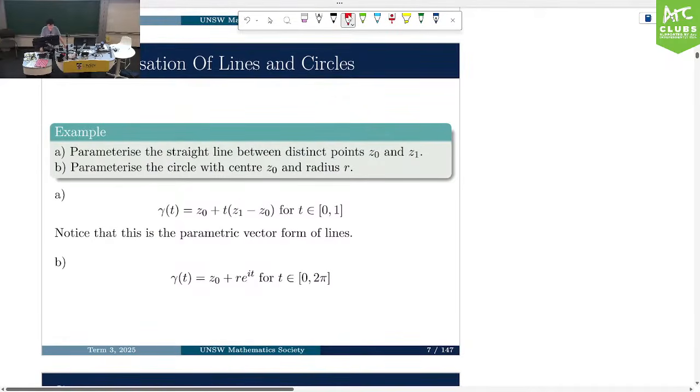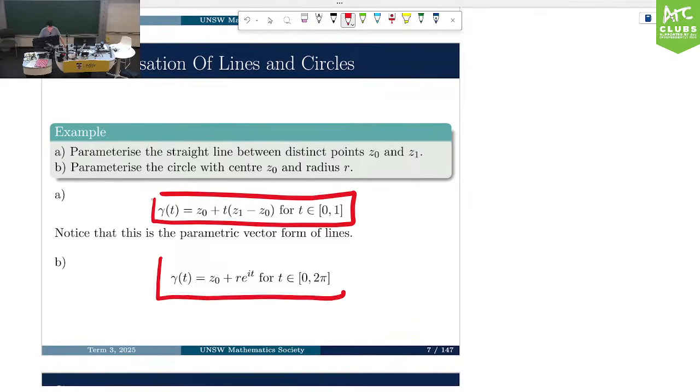Before we go into actual integration, it's better to take note of two parameterizations which will be helpful in lots of integration: a parameterization of a line and a parameterization of a circle. The first formula, the parameterization of a line, should be familiar from high school because it represents the internal division formula.